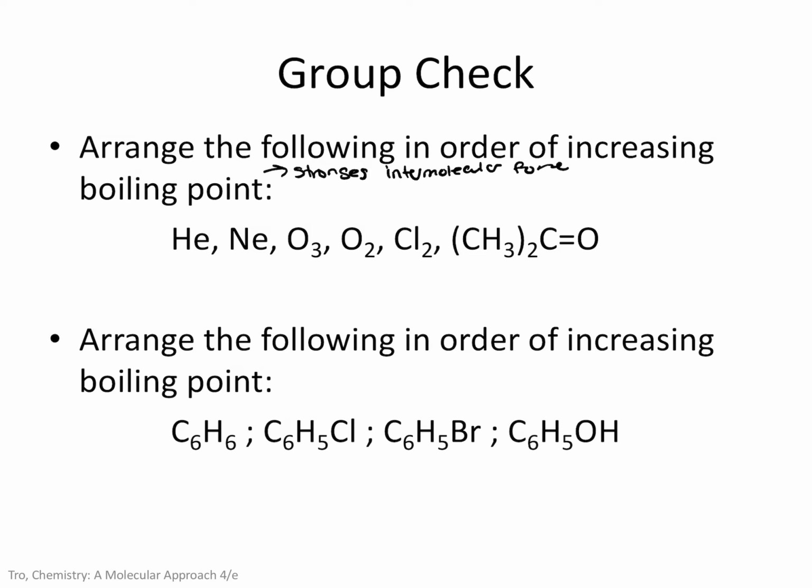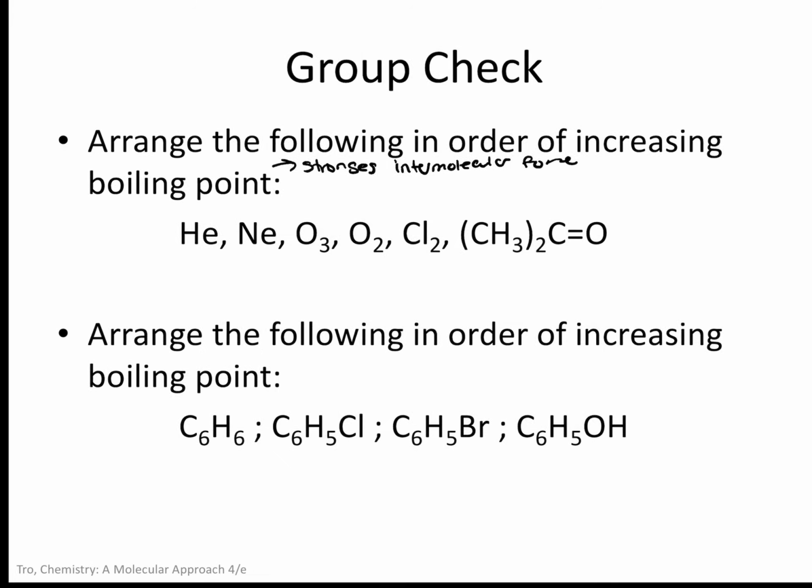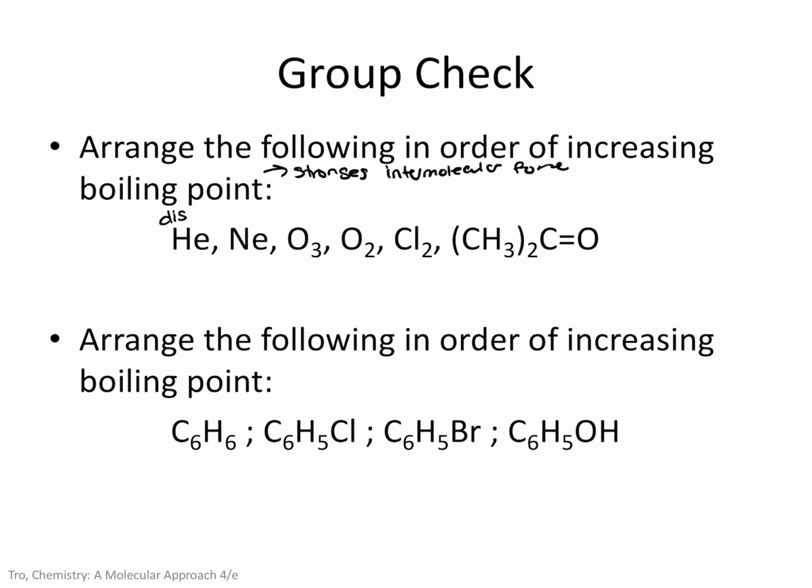Let me get out my periodic table, and I'm going to first look at what forces I have. Well, for helium and neon, I just have London dispersion. And I know helium is the least heavy, so helium would go first, right? Lowest boiling point. Then it would be neon.